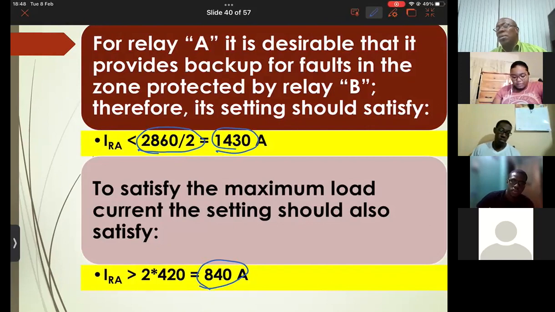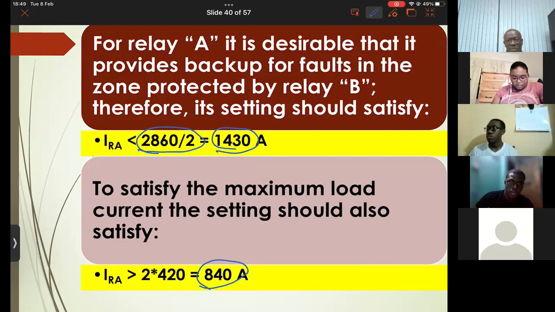All right, now here's where the conundrum comes. Here's the conundrum. What are the available settings we have for the relay? From what to what? In percentages, what's the range? 50 to 200%.